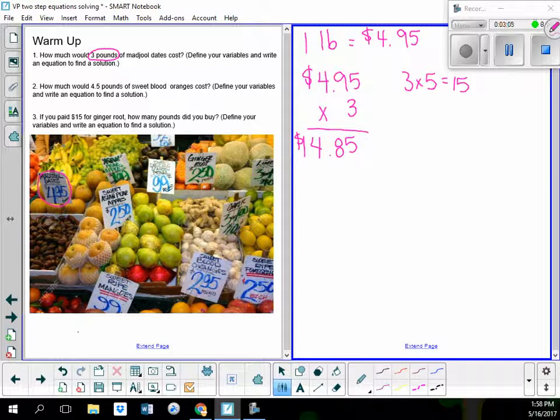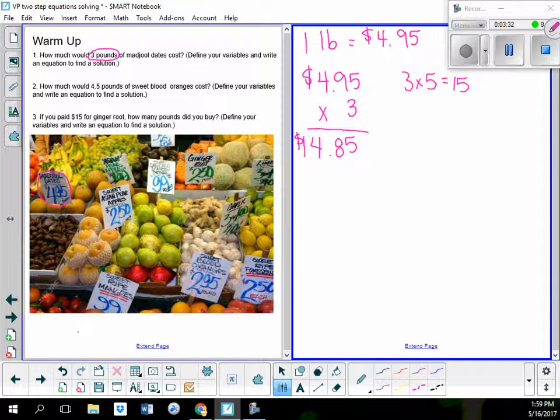Okay, now the other part of your warm-up asks you to write an equation, and I'm going to give you a little bit of direct instruction about how to do that. So we have 2 unknowns, 2 things that we don't know. The first thing is the cost, and the second thing that we can manipulate or change is the number of dates.